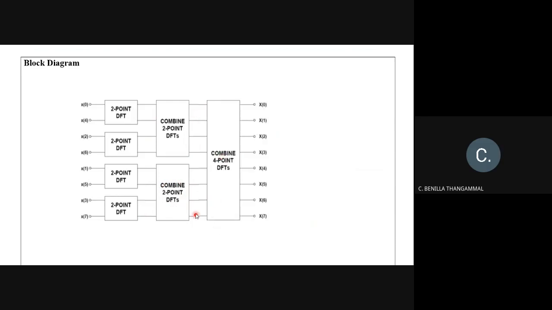These two 4-point DFTs are clubbed together to get an 8-point DFT, and I'll be obtaining my output in normal order. So in your DIT FFT algorithm, input will be in bit reverse order and output will be in normal order. First we'll see how to draw the butterfly diagram, then we'll go for the problem.